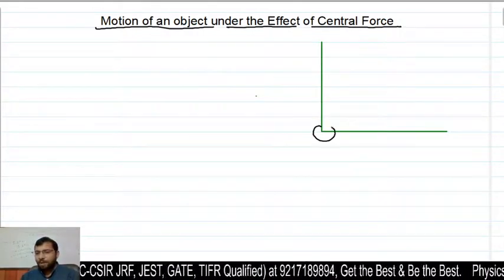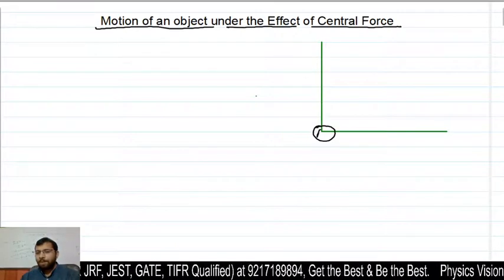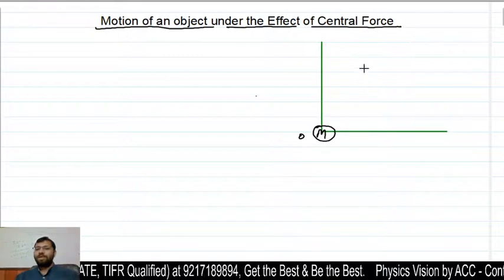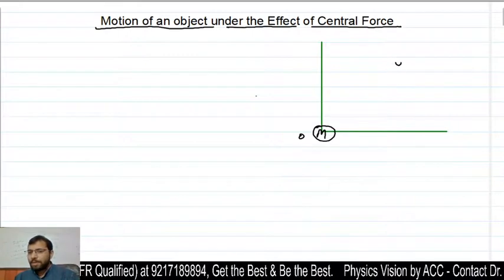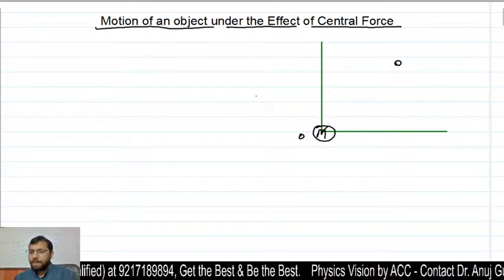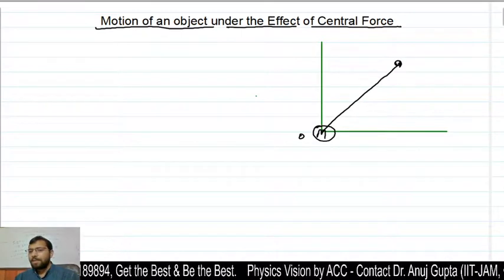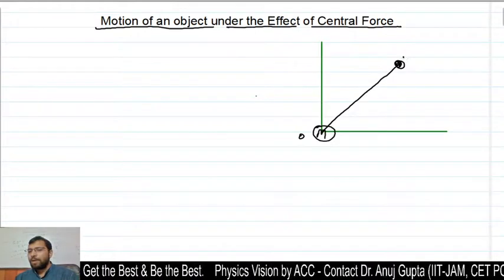तो क्या करेंगे? Let's take a heavier body capital M at the origin of the system, and a small body m, and let's take its position vector in this way. This is a small body m.